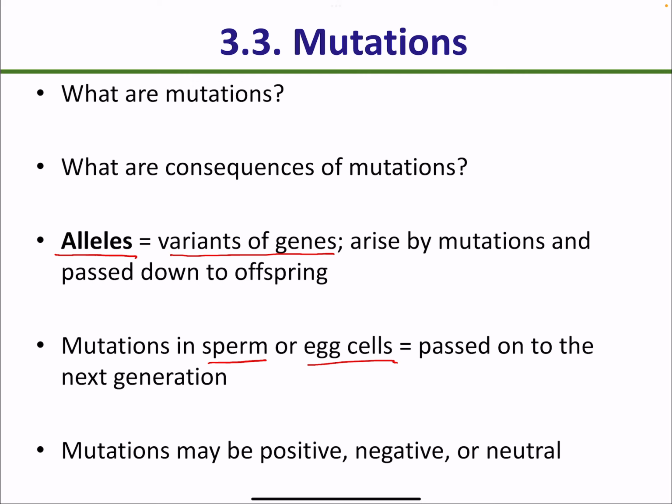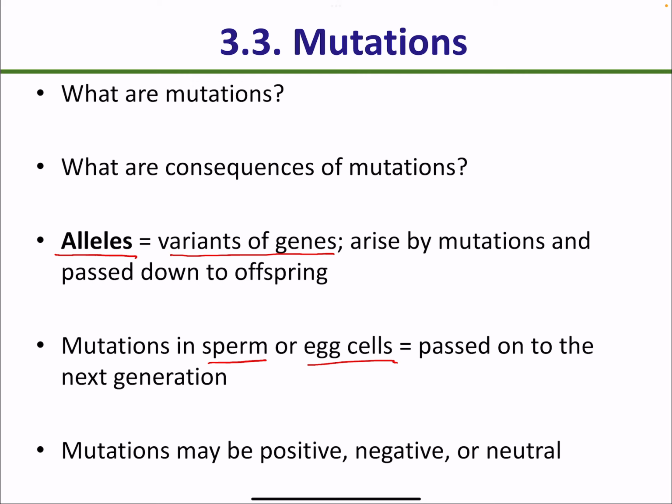So your skin cells have nothing to do with your reproduction. Your muscle cells have nothing to do with your reproduction. So even if your muscle cell is modified, as long as your sperm cells are fine and your egg cells are fine, there is not going to be any mutation passed down to the offspring.